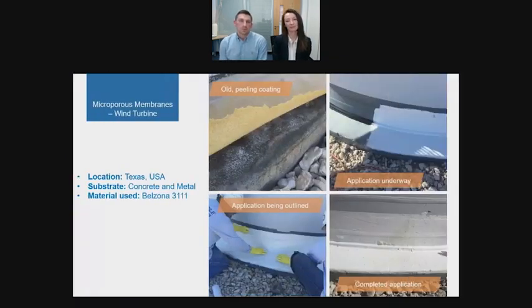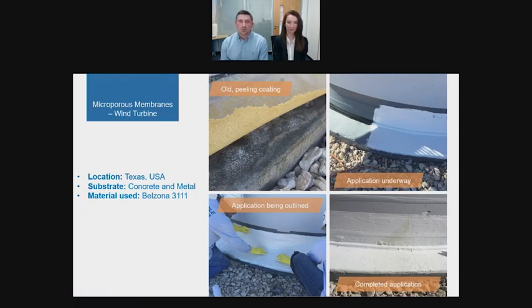This one's from our friends over in America, a wind turbine base. Rainwater and moisture seeped into the ground and then into the wind turbine structure through the base between the tower structure. This over time affected the concrete base with propagated cracks, and corrosion at the base of the tower began to occur. In this case, the current coating failed due to UV degradation, leading to delamination of the concrete surface.